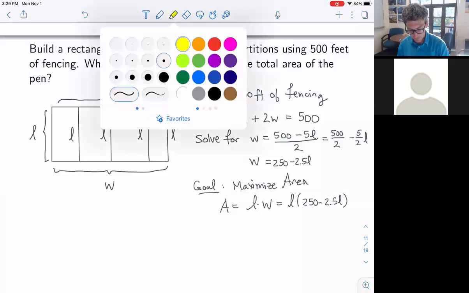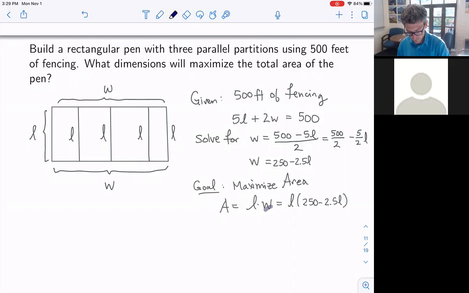I'll highlight that in purple. So our width is the same as 250 minus 2.5 L. Now I have my formula for my area. It's going to be 250 L minus 2.5 L squared. I just FOILed that out. And my goal is to find the maximum value of this.